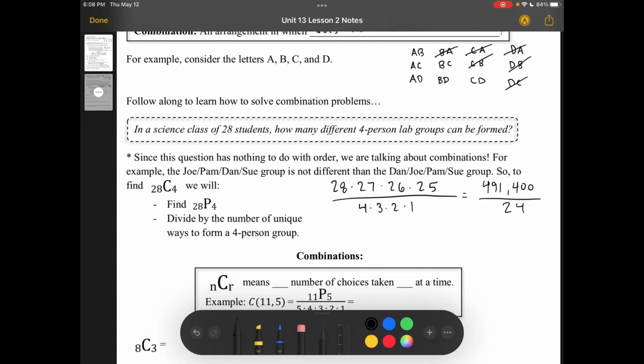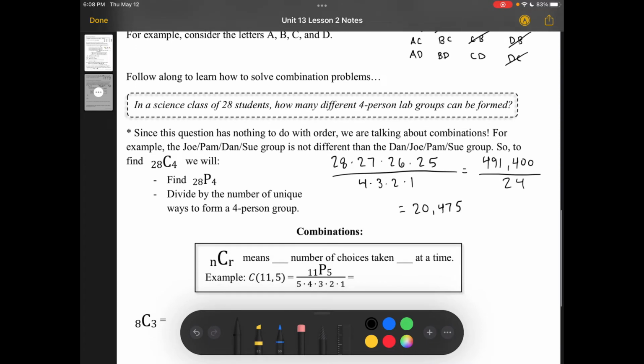And that gives us a much more manageable, well, not that much more manageable, but a slightly more manageable 20,475. And this is the combination of our lab groups. It's still a big number, but it's a lot smaller than what we already had. So this is the format, this is the notation we're going to be using for combinations. It's very similar to the format for permutations. The only difference is it's a C instead of a P.